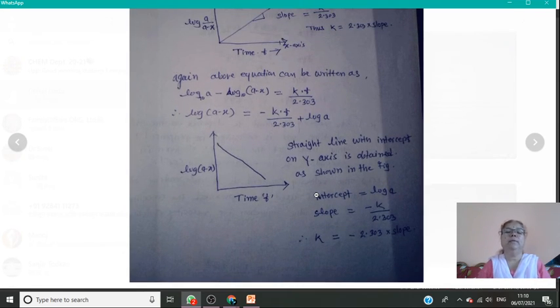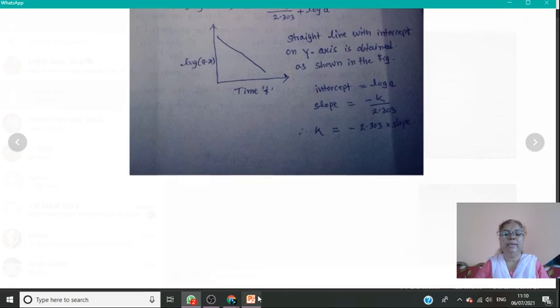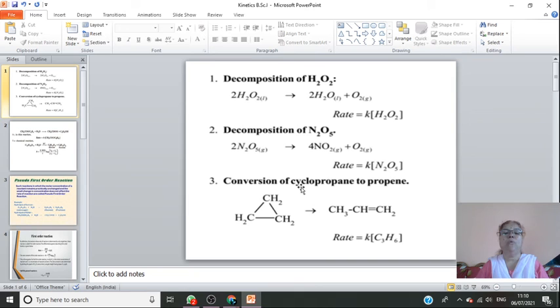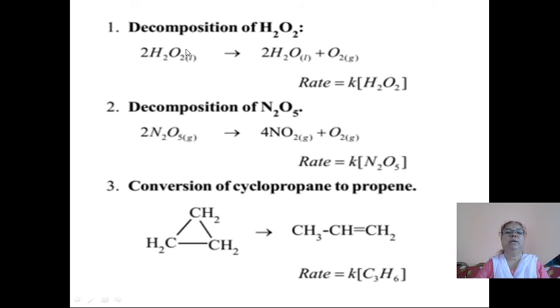Okay, these are the characteristics, and the next point here is examples of first order reaction. Again there are many examples of first order reaction, but here I will explain you few examples. See here, the decomposition of H2O2.